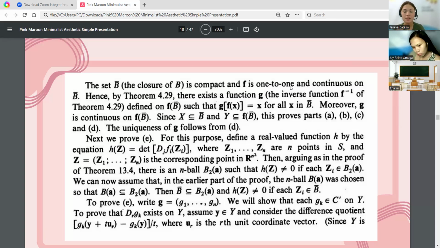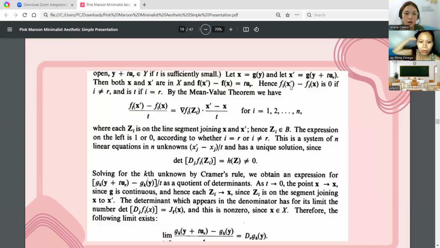Since Y is open, y + t u_r belongs to Y.